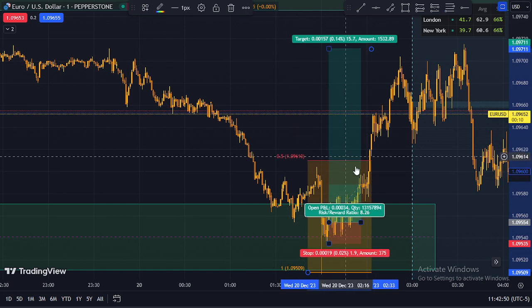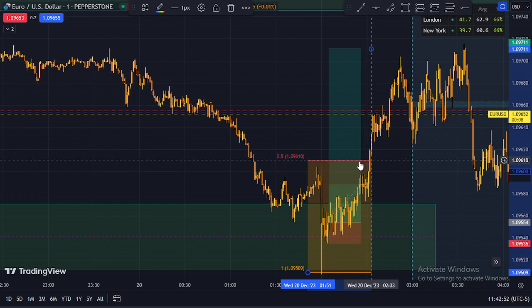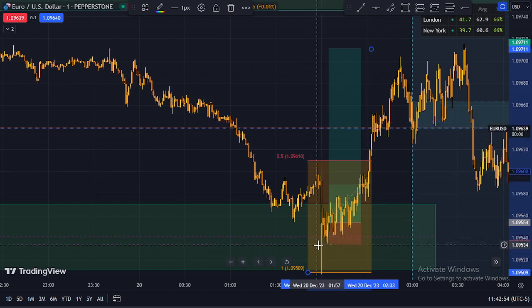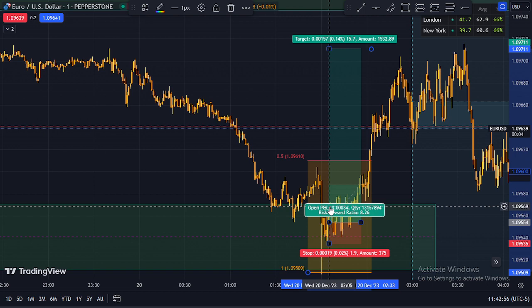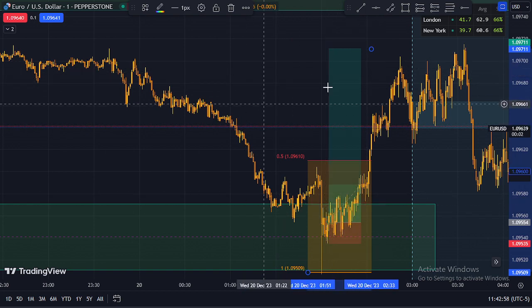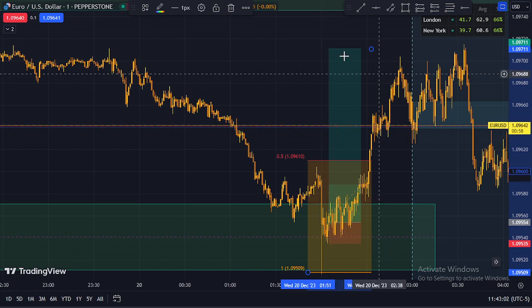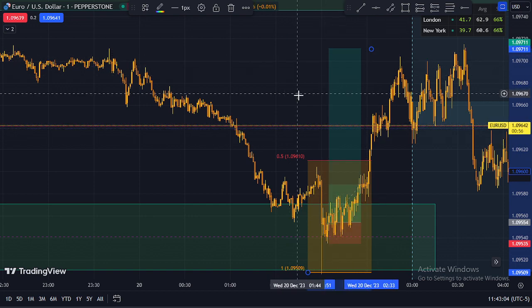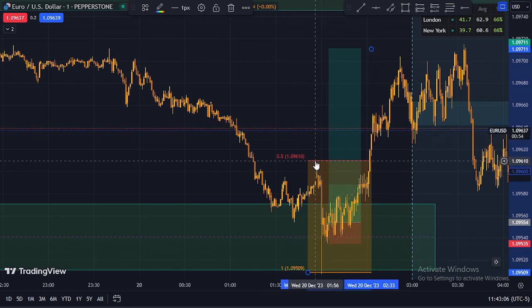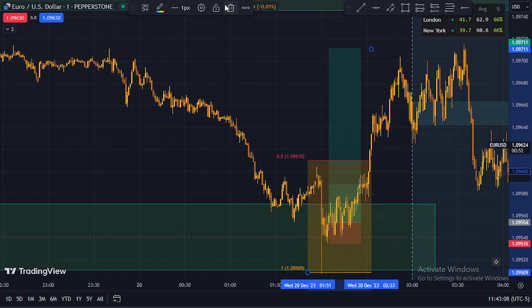So midpoint, you could be taking partials right there, so that you can go to break even or better, and then wait for price to play out, hoping that it will get to your TP. So that was quite simple.